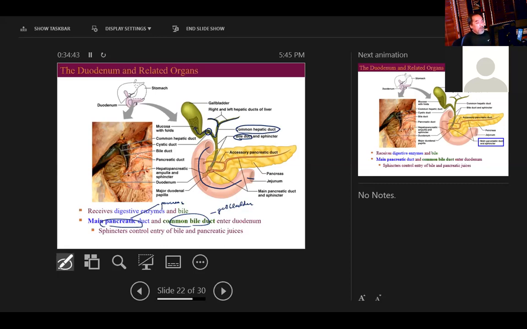So the connection is going to be called the cystic duct into the gallbladder. So once the duodenum senses fats, so it actually detects fats in the food. Okay, at this point, the food here is called chyme. So the area here, when you have food there, we call it chyme.